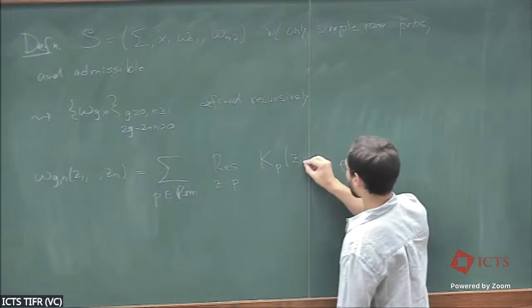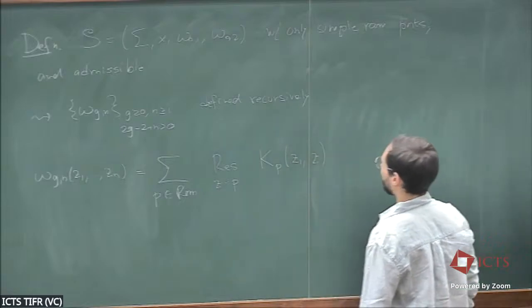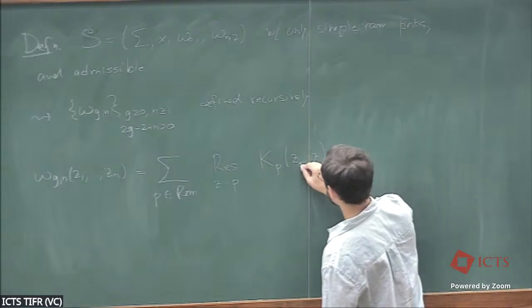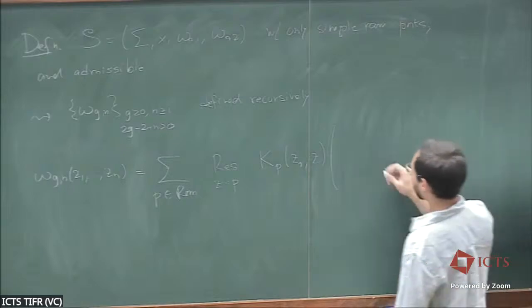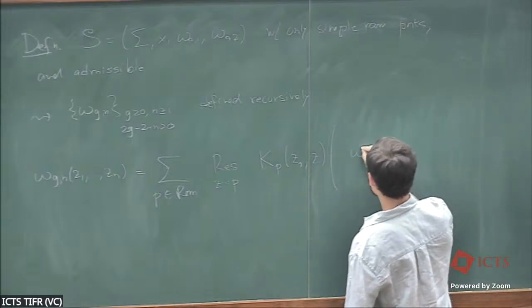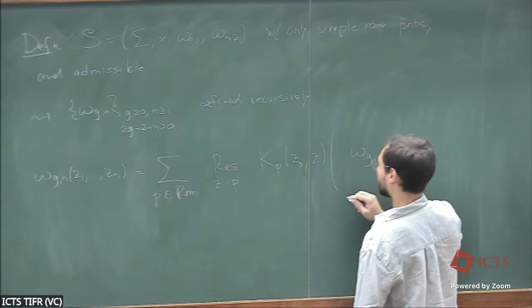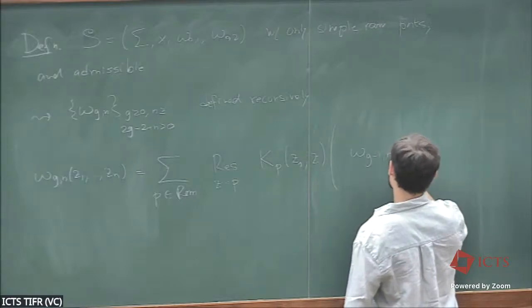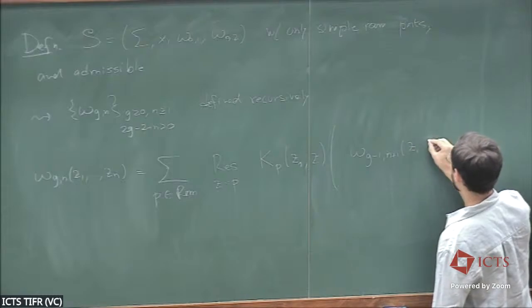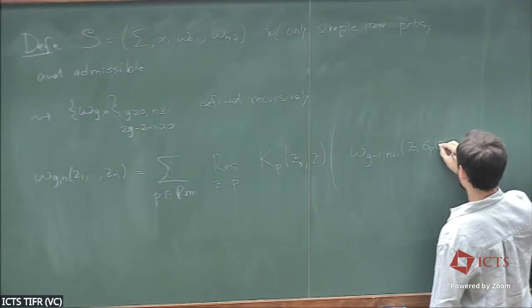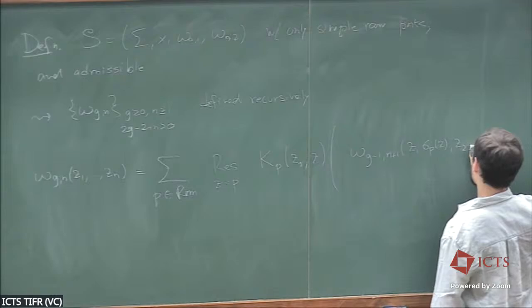It depends on z1 and z. And I multiply that with an expression that should be familiar from yesterday, so a specific combination of these guys. So the first one is omega g minus 1, n plus 1 at z, sigma p of z, and then z2 up to zn.